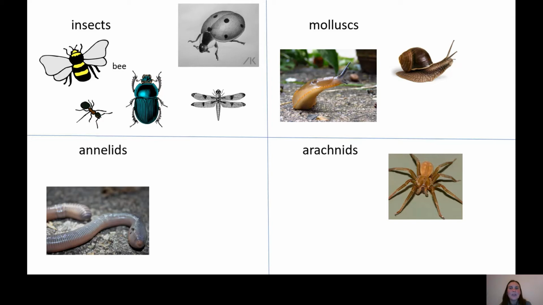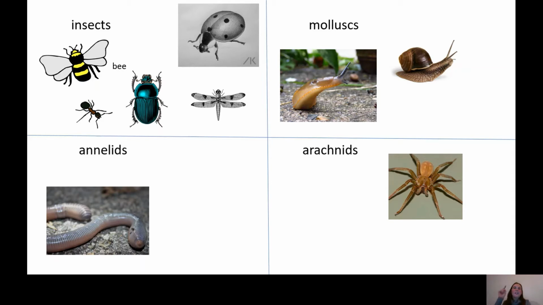How about mollusks? I'm going to give you 20 seconds to see if you can remember some of the key features of a mollusk. Excellent, Year 2.